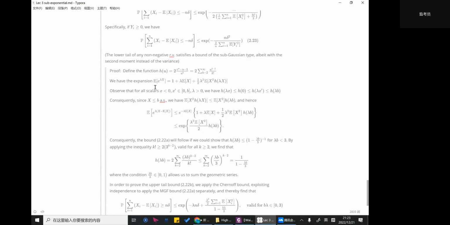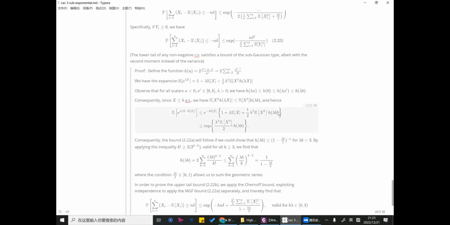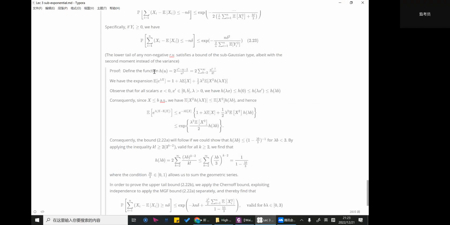This expansion is equal by using the definition of function h, and by calculating this, we transfer this lambda x to lambda b, and h is increasing in x.